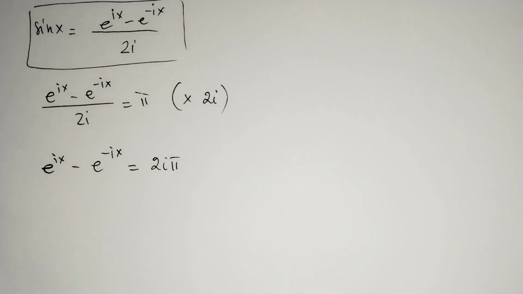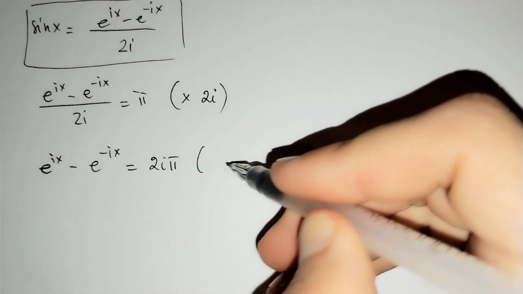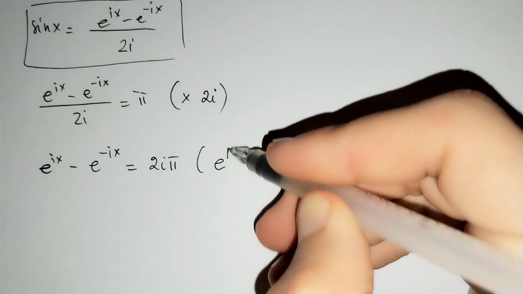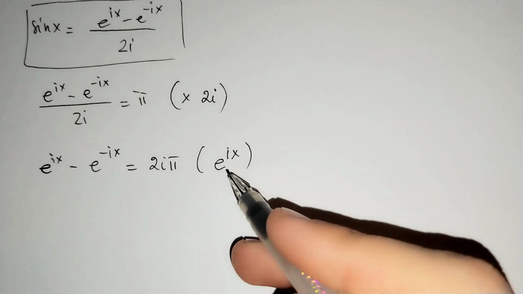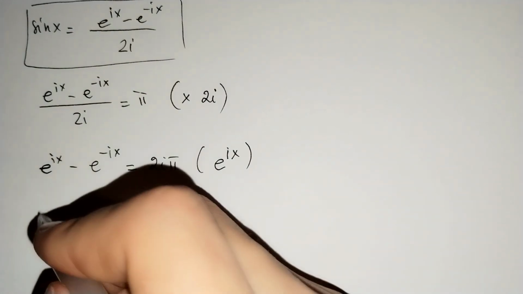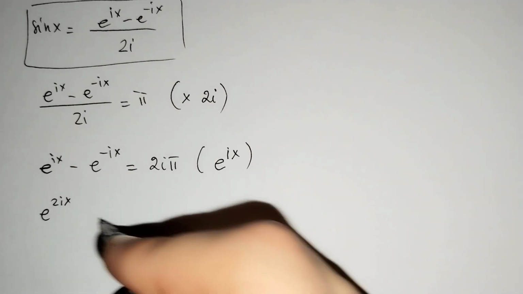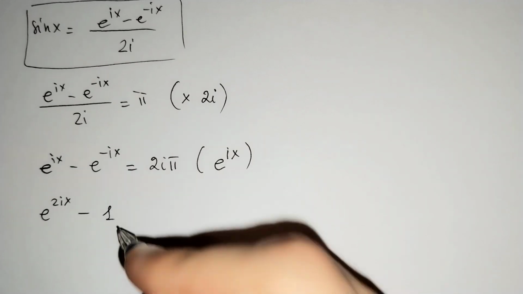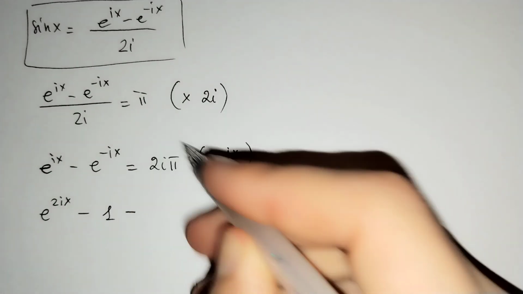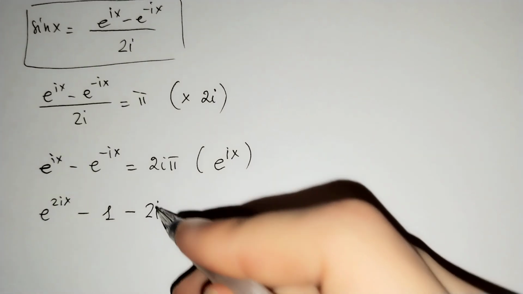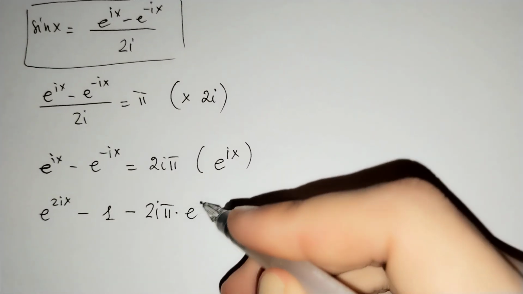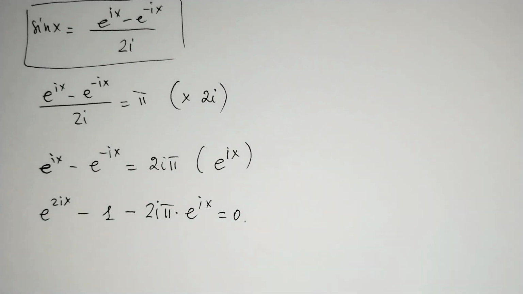Then if we multiply both sides of our equation with e power ix, e power ix times e power ix equals e power 2ix, minus 1 remains here, and let's move this to the other side of our equation. e power 2ix minus 2i pi times e power ix minus 1 equals 0.